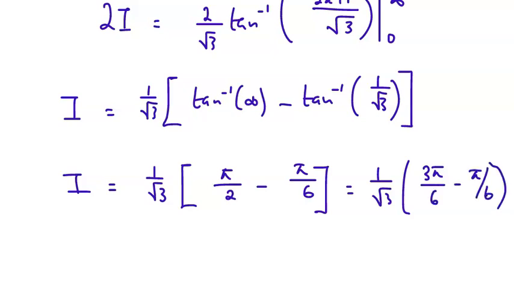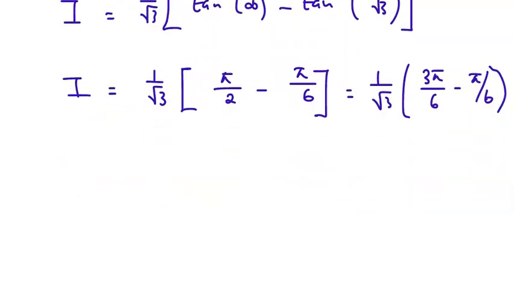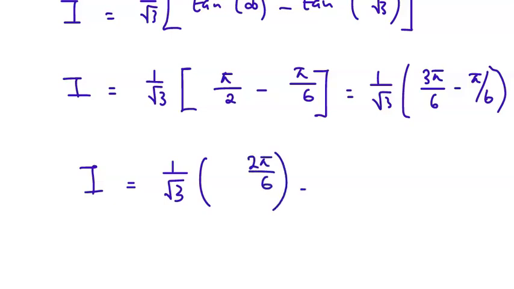So you can see we have the same denominator, right? So 3 pi minus pi will give us 2 pi, and then we have over 6, times 1 over root 3. So that is pi over 3, which finally gives us our right answer as pi divided by 3 root 3.